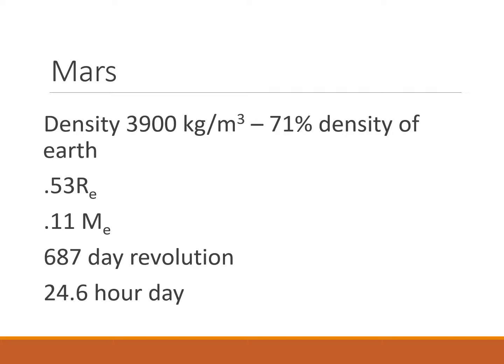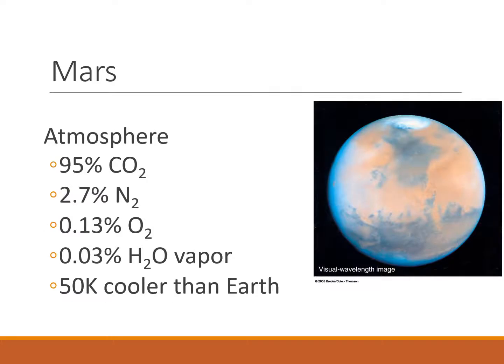It does take 687 days, though, to go around the sun. The atmosphere is again predominantly carbon dioxide and a little bit of nitrogen, 0.13% oxygen, and 0.03% water vapor. It is 50 Kelvin cooler than the Earth. So 50 Kelvin, let me put it this way.